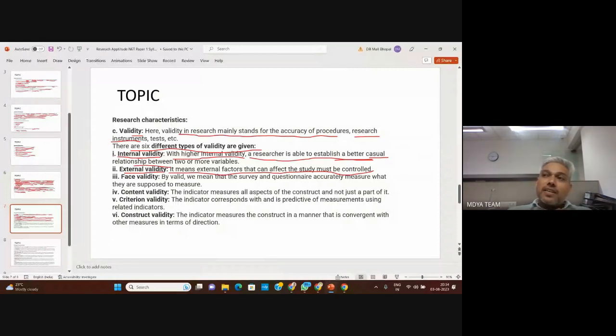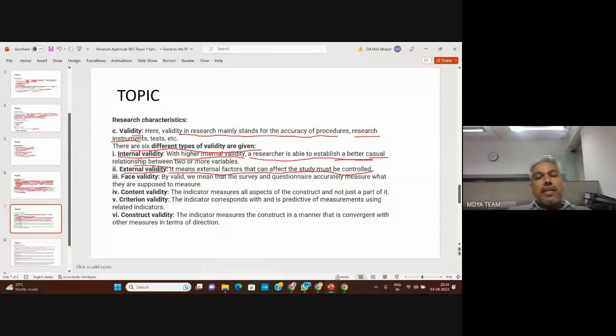Now after that, there may be some external factors. What can be external factors? Like, if pranayam works better during the sandhya kala, then what will happen if you do it at 3 o'clock in the afternoon? It may not give the same result.